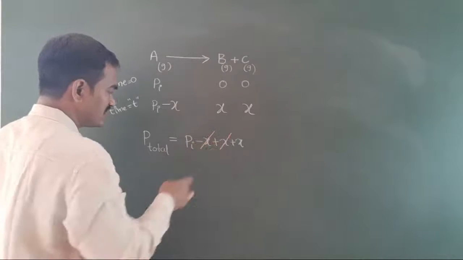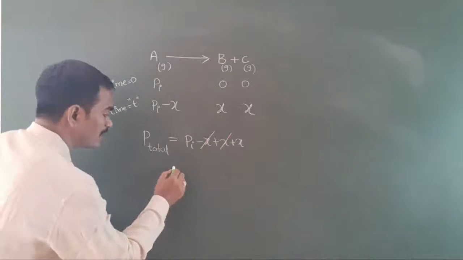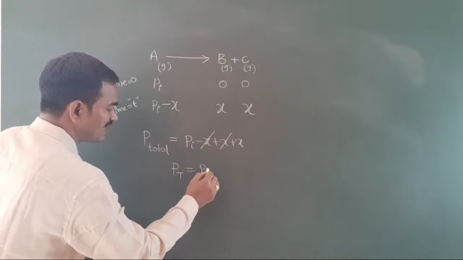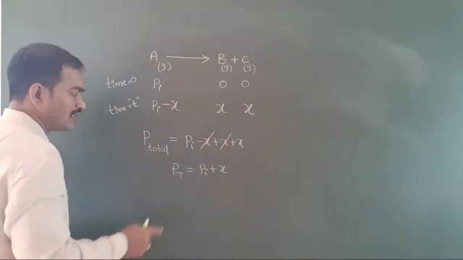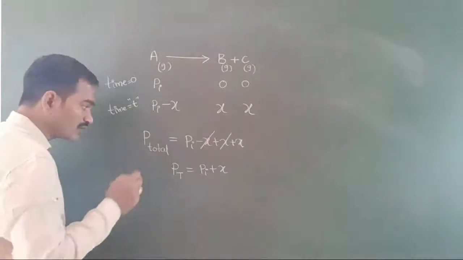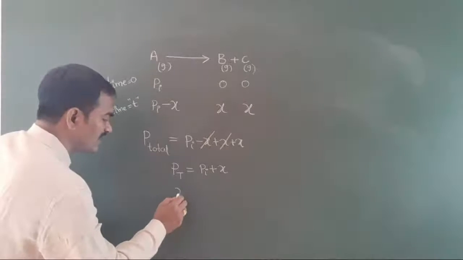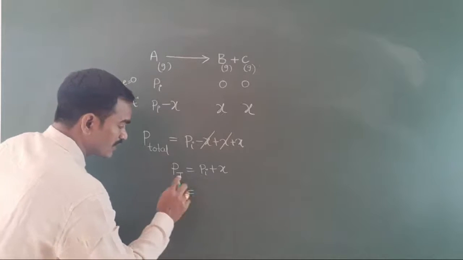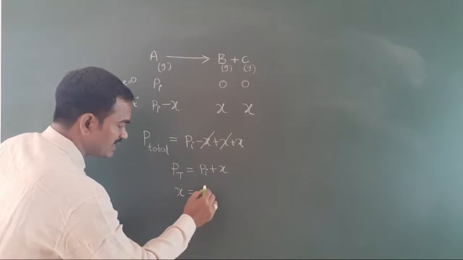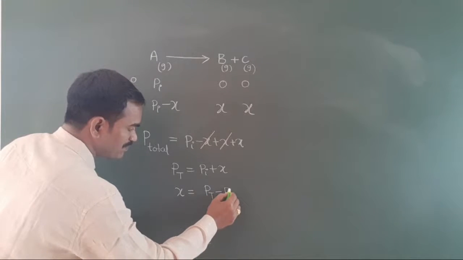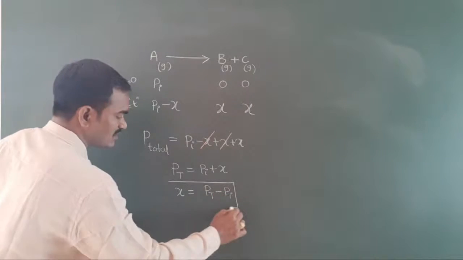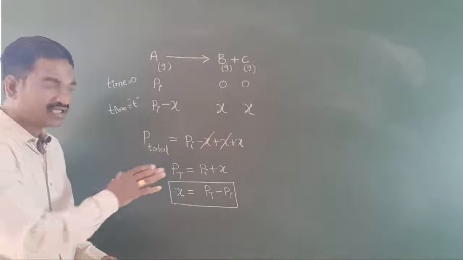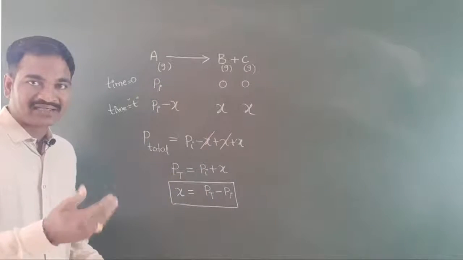So PT, the total pressure, is equal to Pi plus X. But we need X here. So how do we find X? X is equal to PT minus Pi. Up to here, any doubt, you can ask me.